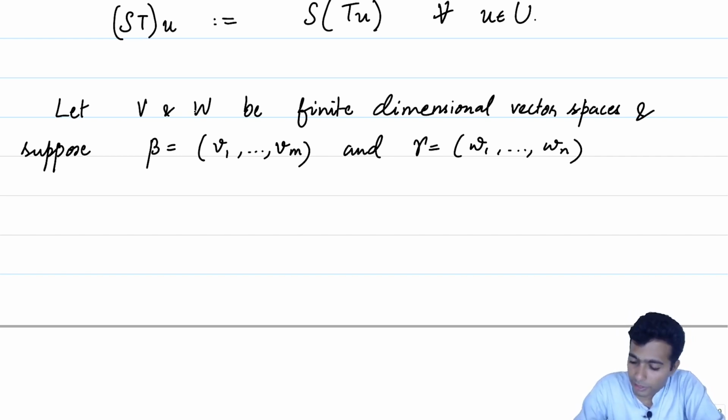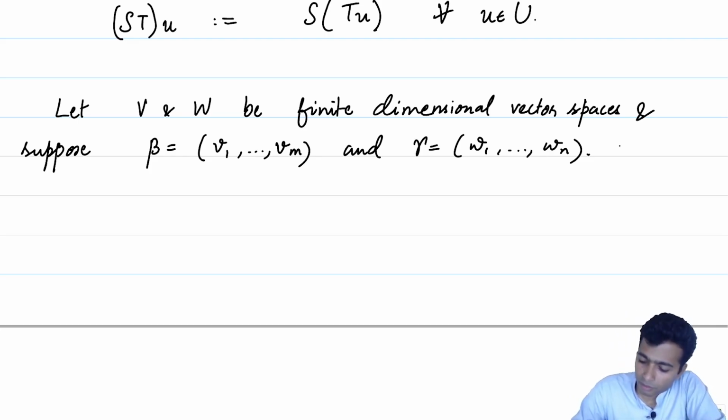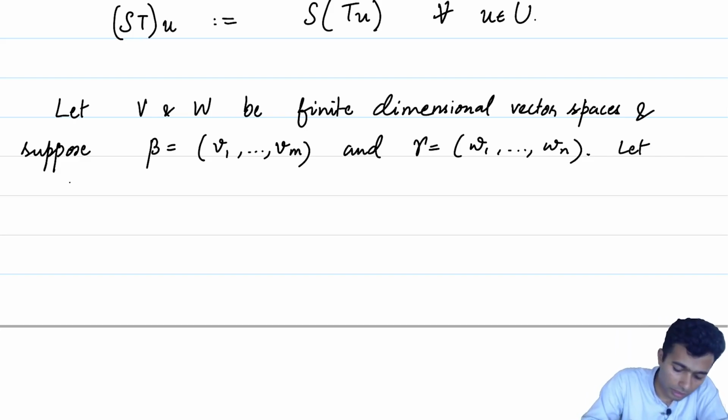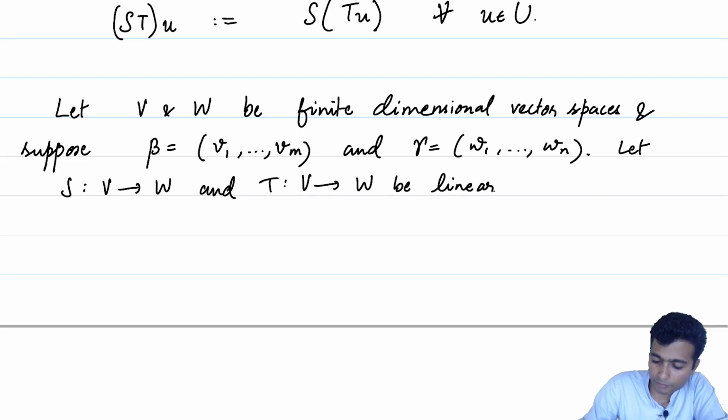Okay, that's what we have just said. Suppose we start off with two finite dimensional vector spaces V and W, and we fix ordered bases for V and W respectively. Further, let S from V to W and T from V to W be linear transformations.